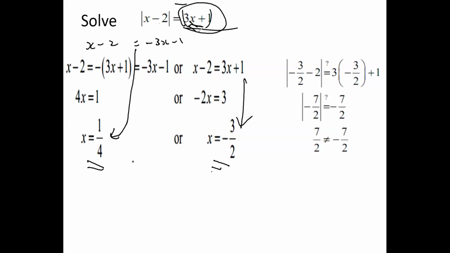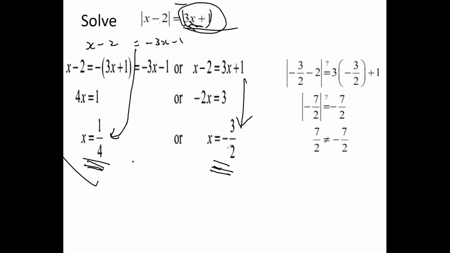Look at what my suspicions are. Look, the quarter isn't a problem. 3 times a quarter is a positive number. Plus 1 will give you a positive number. No trouble there. So when you use x equal to a quarter, you have no trouble. But note this one.